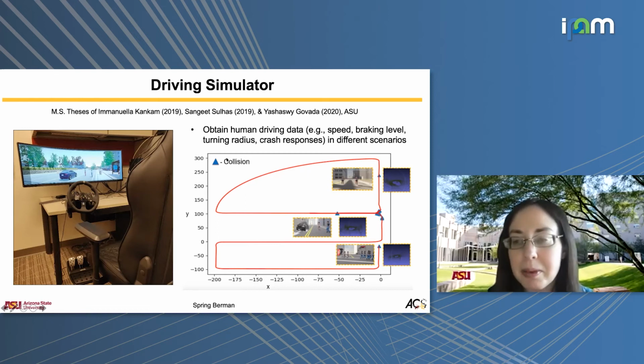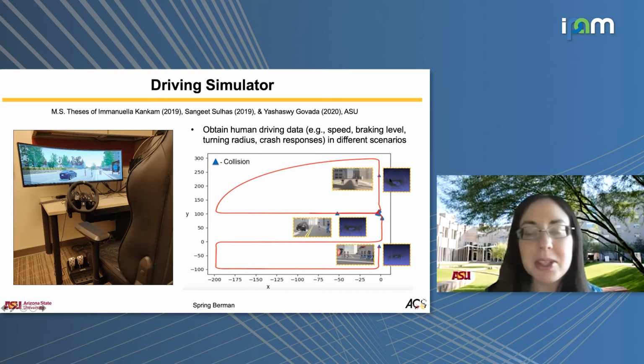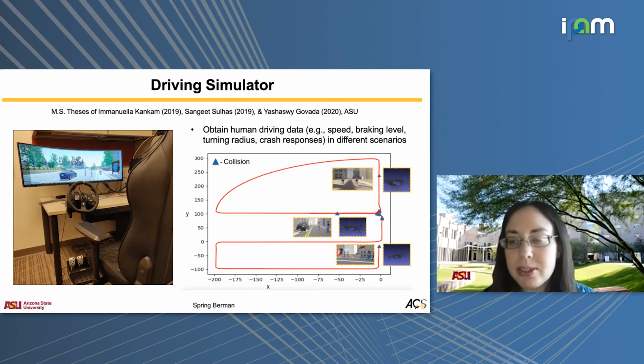And so my students have improved this station and the simulator. So now this is an example of 3 different trolley problem scenarios that are simulated on a course. And so this is just some sample data. You can get the trajectory of the vehicle as the person's driving it. You can get the corresponding sensor data from the car. You can see where they collide with things and what they crash into. So you can obtain a whole host of human driving data on many different scenarios.